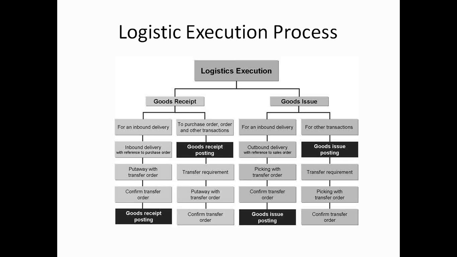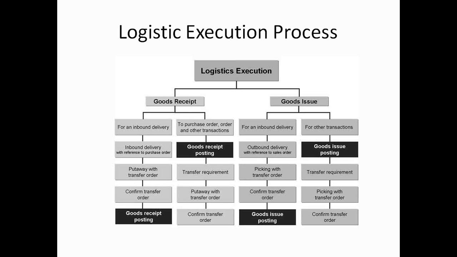Normally in any company, we make it automatic, because daily there will be so much stock coming in and going out. So whenever any goods receipt is created, the transfer requirement is automatically generated.